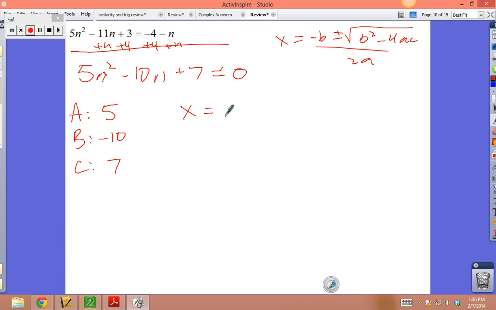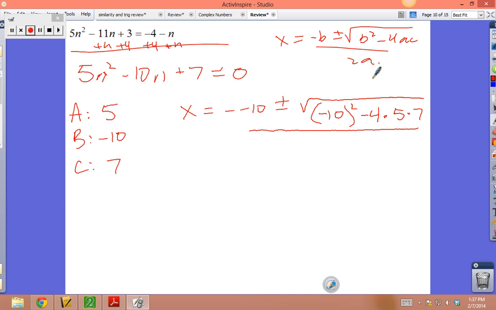X equals negative 10, because B is negative 10, plus or minus the square root of B. B is negative 10, but you got to put in parentheses, squared, minus 4 times A times C, all divided by 2 times A. Because if you don't put this in parentheses, your calculator is going to give you the wrong answer.